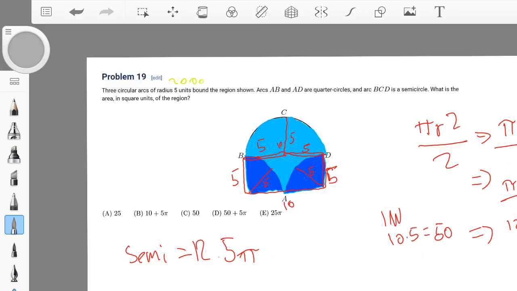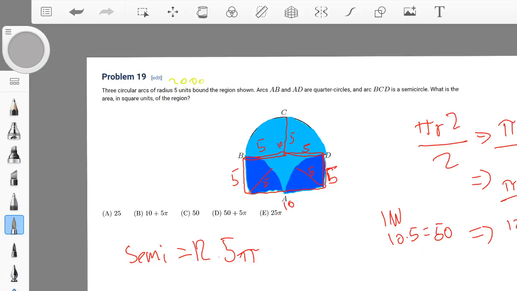So that's great. Once we have 50, it's a nice number. And if we look at our multiple choice, everything seems to be some kind of multiple or something related to 50, which is nice to know. Now let's find the area of these quarter circles. Since there are 2 quarter circles, it's going to be equal to 1 semicircle, and since these have the same radius as this semicircle, they're going to have the same area.